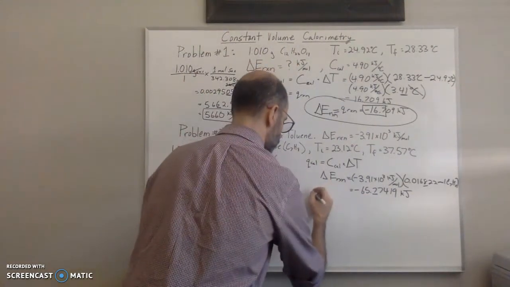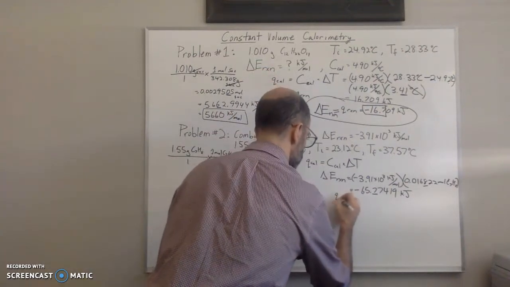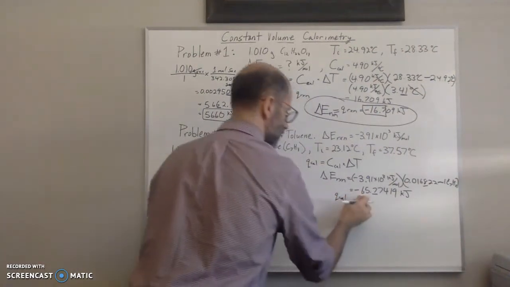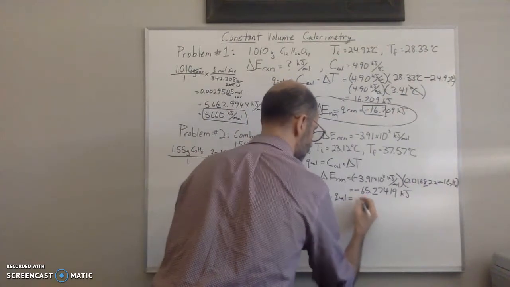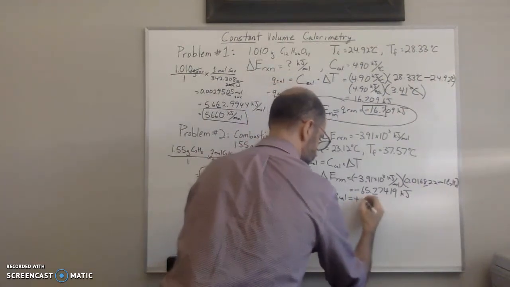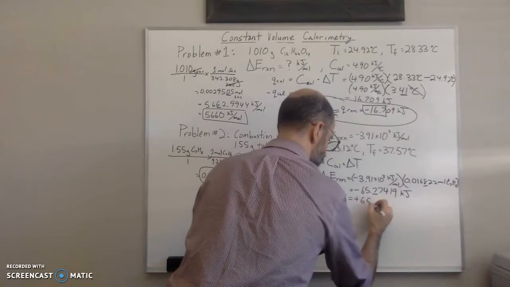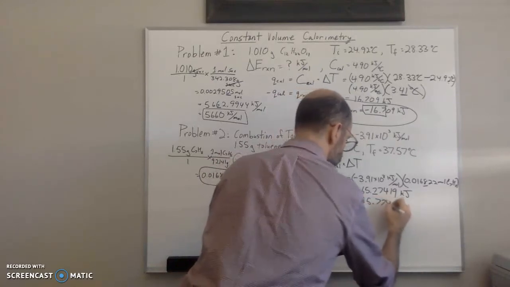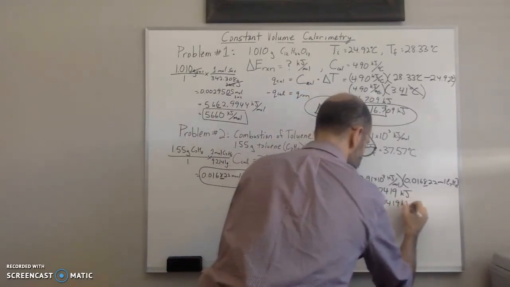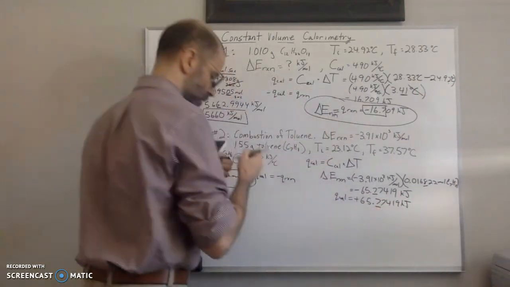So the Q of the calorimeter is going to be the same number, but it's going to be positive because it is picking up this energy from the reaction. So this is kilojoules there.